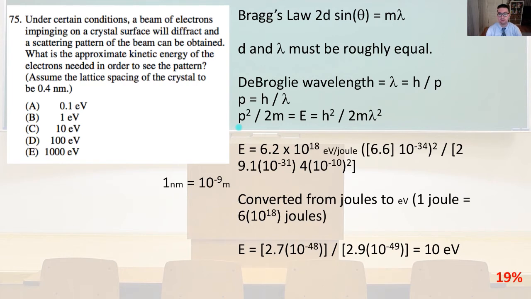So from Bragg's law, we know that 2d sine theta equals m lambda, and d and lambda must be roughly equal. So the de Broglie wavelength, lambda, equals h over p, where p then can equal h over lambda. p is the momentum.